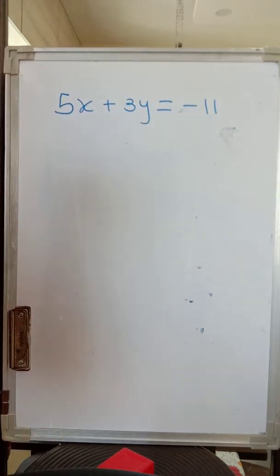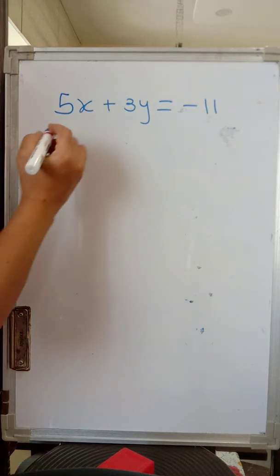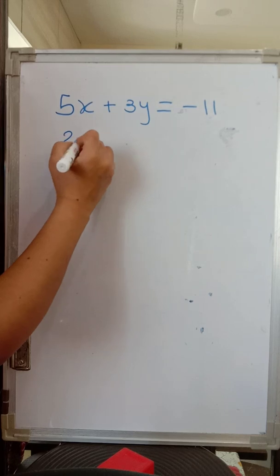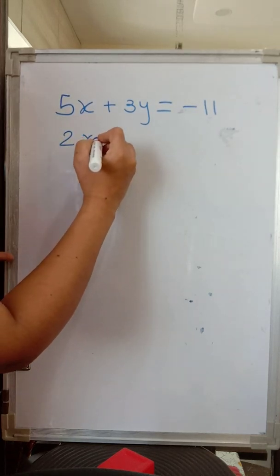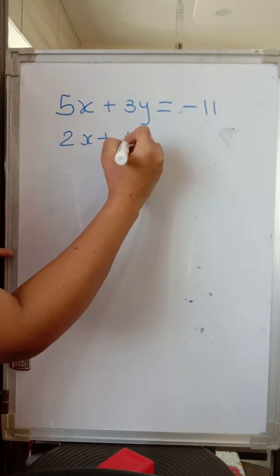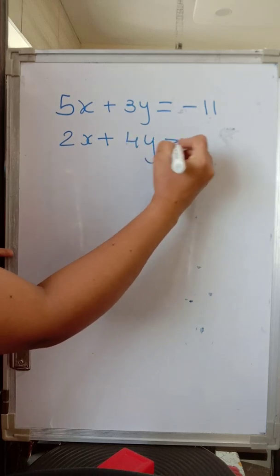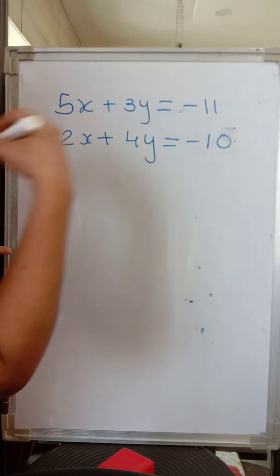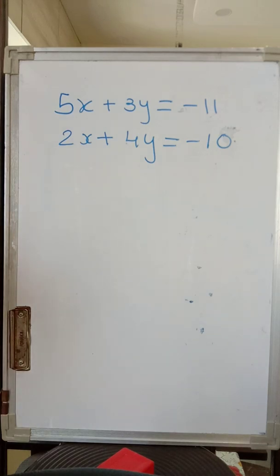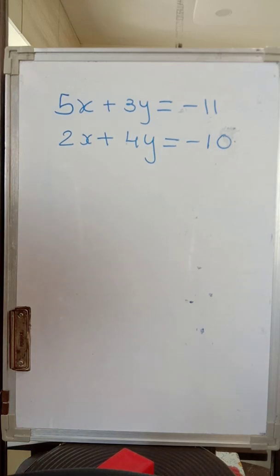This is the first equation, and the second we can have as 2x plus 4y is equal to minus 10. I have taken these equations from your 10th standard textbook itself. Now let us see how to solve the simultaneous equations by this method. So let's start. What is the first rule? We are going to write the equations in the form where the constant terms are on the right hand side.